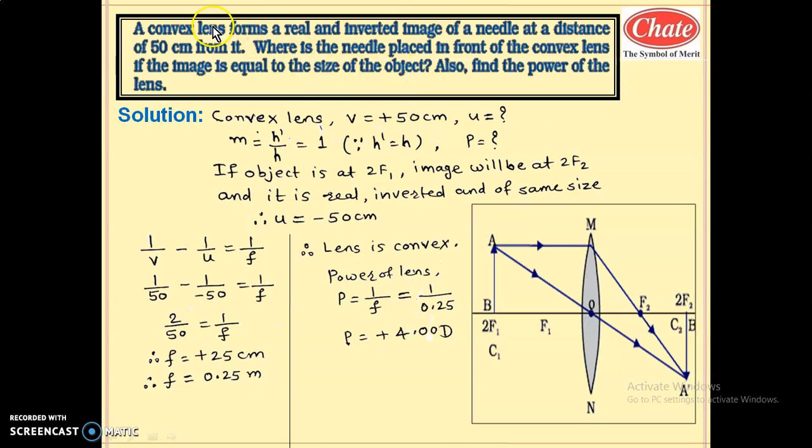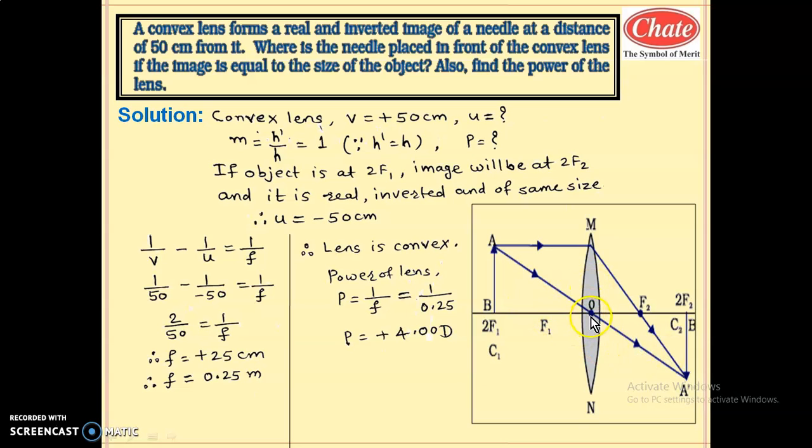This problem belongs to the lens, and the condition is that the image size is equal to the object size. The case where the object and image sizes remain the same is 2F1, 2F2. If the object is at 2F1, the image will be at 2F2, and it will be of the same size.